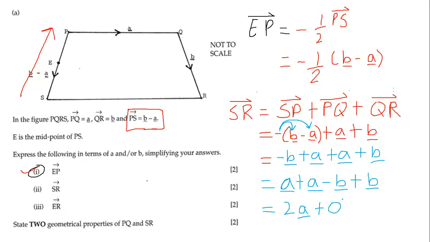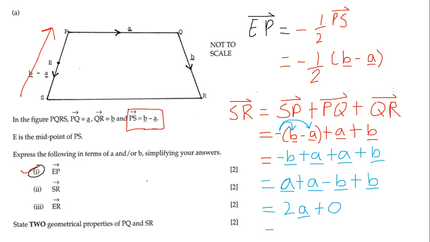What is 2A plus 0? Well, 5 plus 0 is 5. 6 plus 0 is 6. 7 plus 0 is 7. 10 plus 0 is 10.